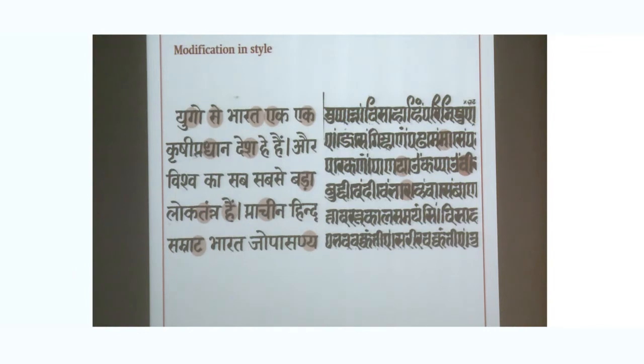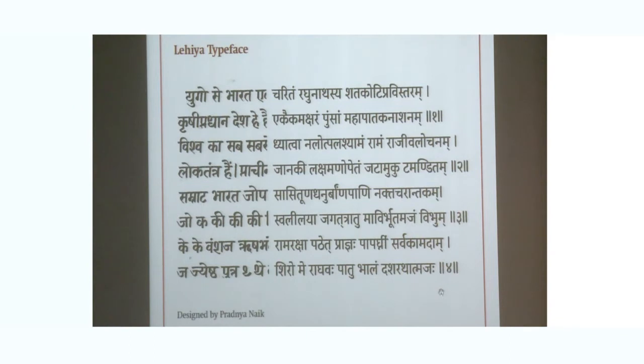This modification was made keeping in mind the overall essence of the Jain manuscript, but not just copying its features. On the basis of the calligraphy style, the font called Lehia was developed.